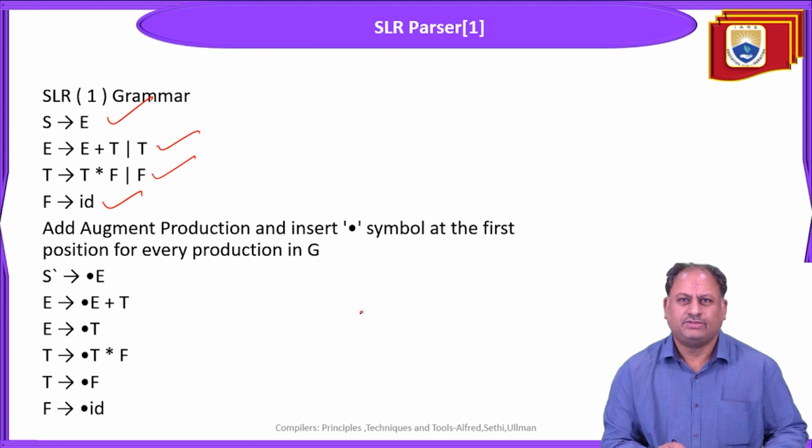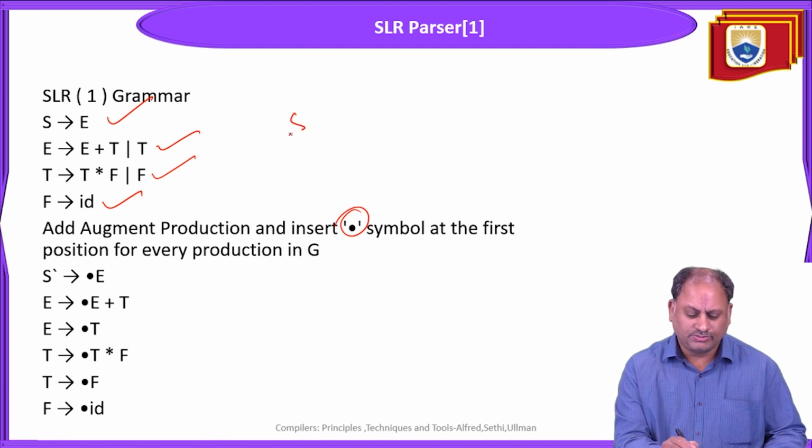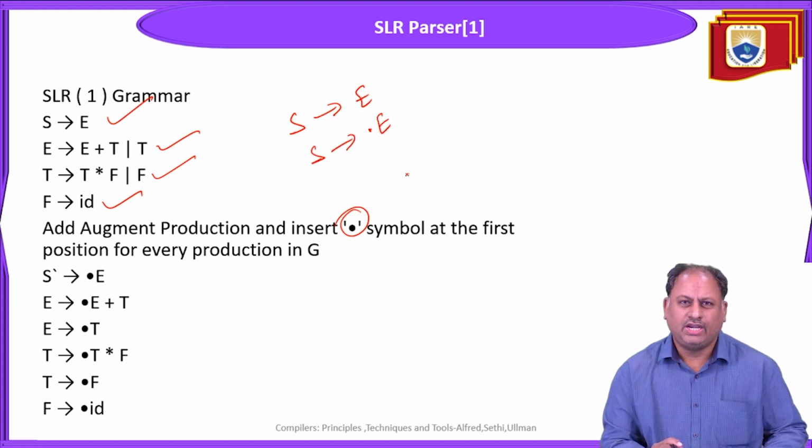F derives N. Now we all know that we have to keep a dot symbol at the initial first position of every production. That means if you consider S derives E, then you have to place the dot at the initial position of the right hand side of the production. That's what we have written.